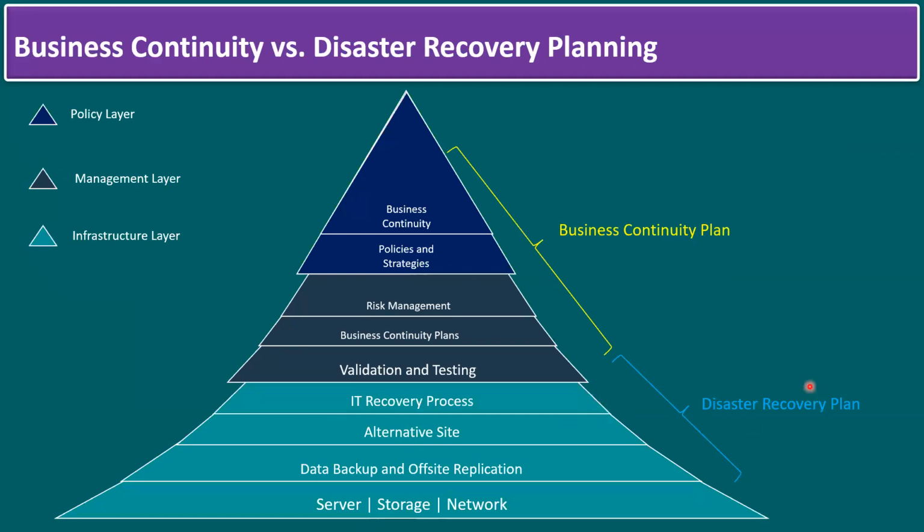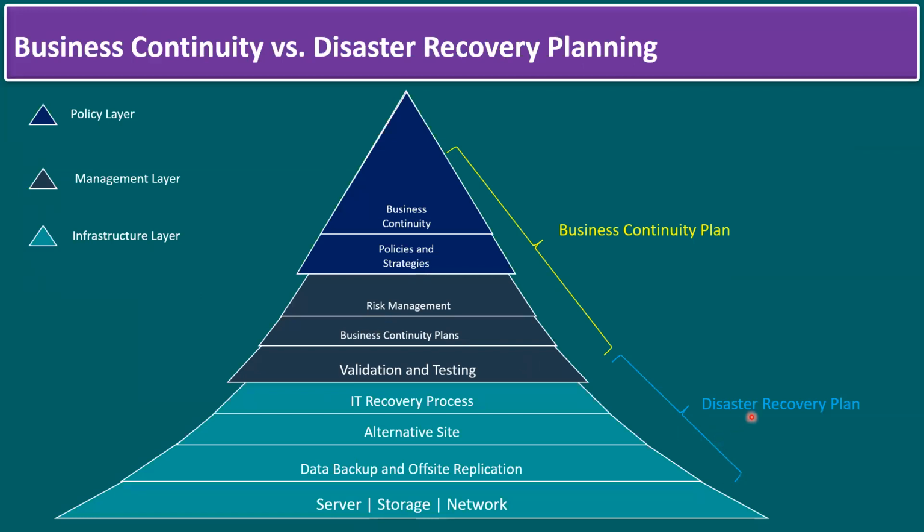These are all included in a disaster recovery plan. And when it comes to the business continuity plan, the main key points are business continuity policies and strategies, risk management, business continuity plans, and validation and testing. Once it is recovered, they have to validate and test.